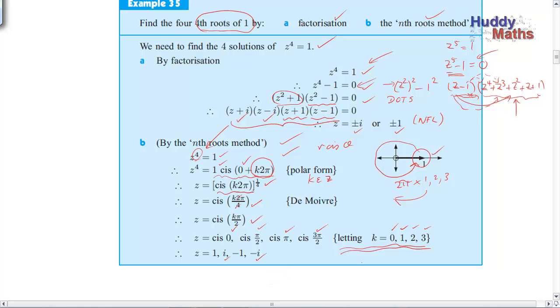And just reiterating something from before, z to the 4th take 1 equals 0. How can complex answers like these hide and not be visible? You can't see any i's in there. Remember the rule there, or the Huttyism, is how do complex roots hide in a polynomial equation?